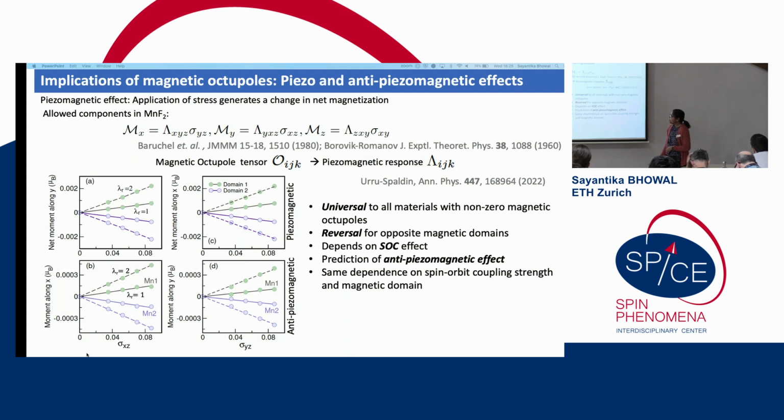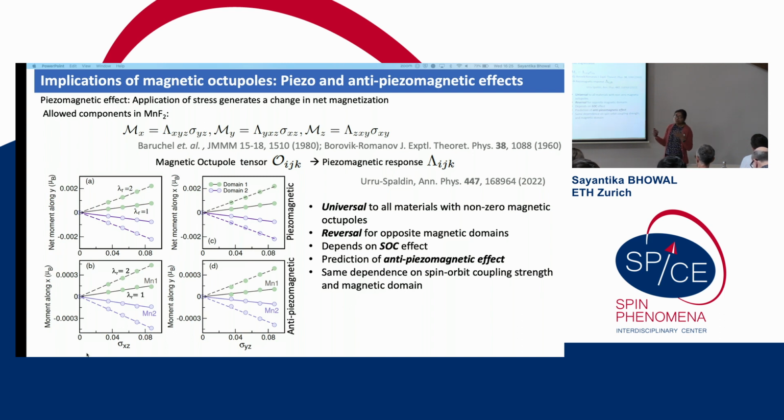So by analyzing this tensorial decomposition of magnetic octupoles, which is done in this work, we find that there is a one-to-one correlation between the elements of this magnetic octupole tensor and the elements of the piezomagnetic response.